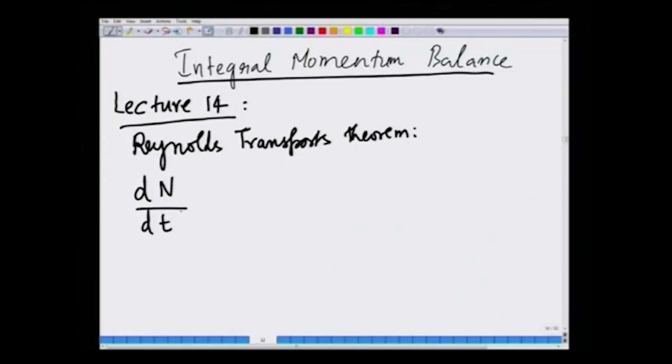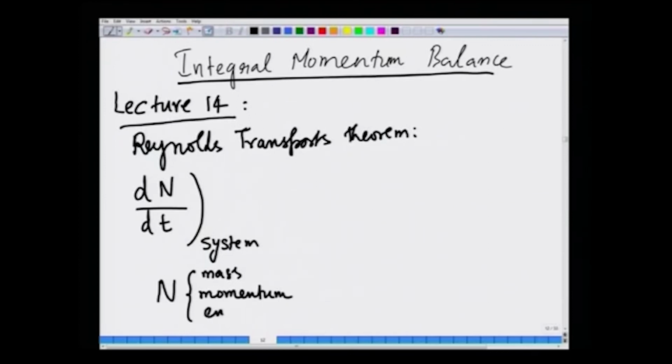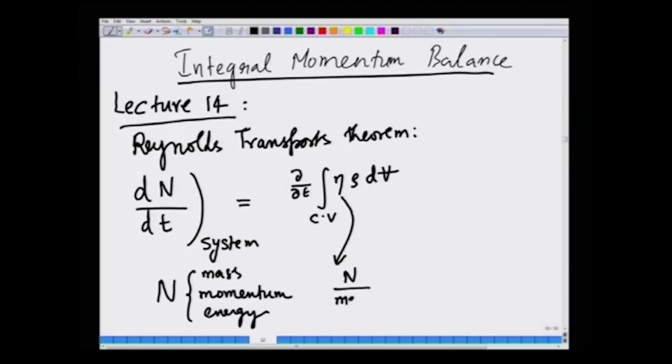So, the rate of change of a quantity like mass, momentum or energy for a system, where capital N can be any one of the three, mass, momentum or energy, is equal to the time rate of change of the same quantity over CV, where we will use this notation where eta is n, the quantity per unit mass.